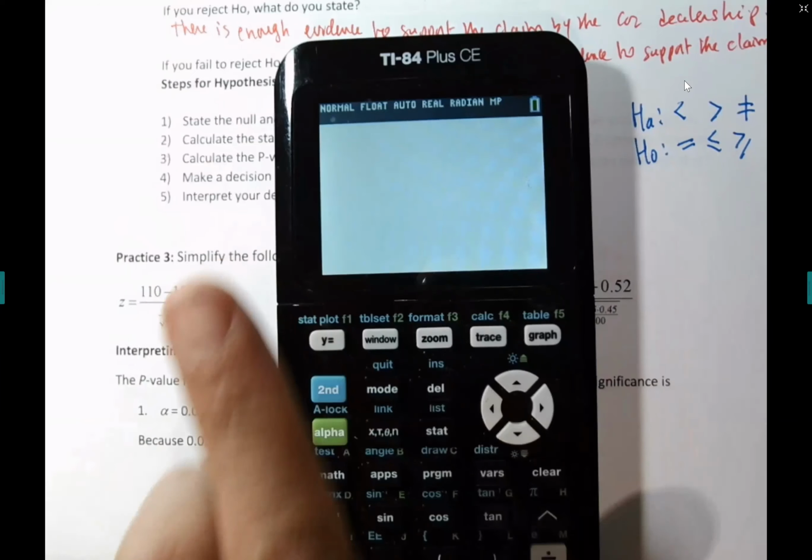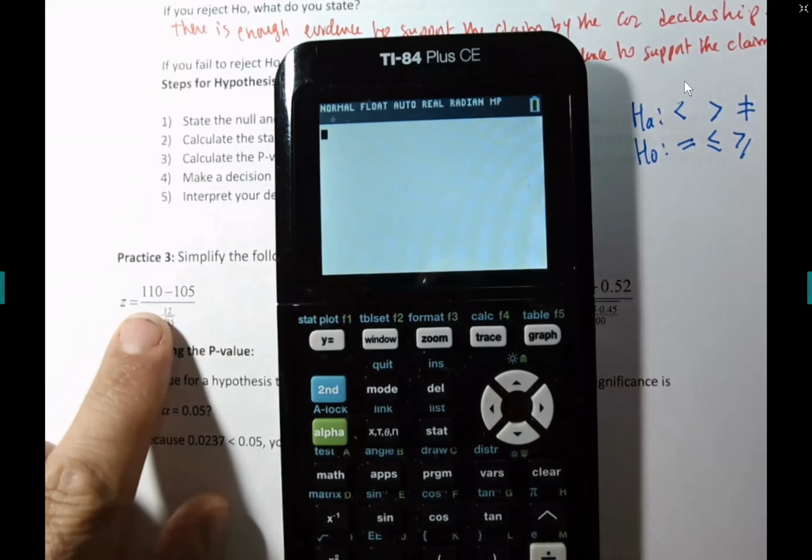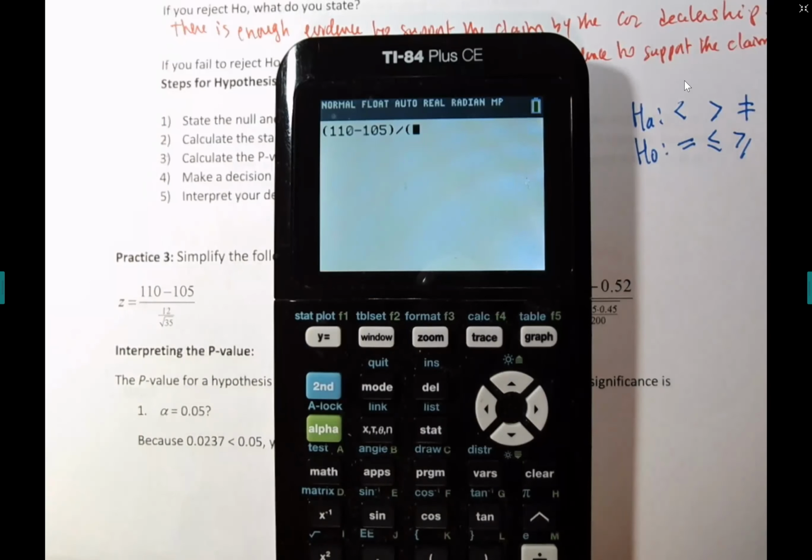So how would you enter this into your calculator? This is what you do, guys. Open parentheses, 110. I mean, as students could say, I can do 110 minus 105 first. Yeah, you can do that. But if you want to do it in one shot, here's how you do it. And here, open parentheses, 12 divided by, now we need the square root, guys.